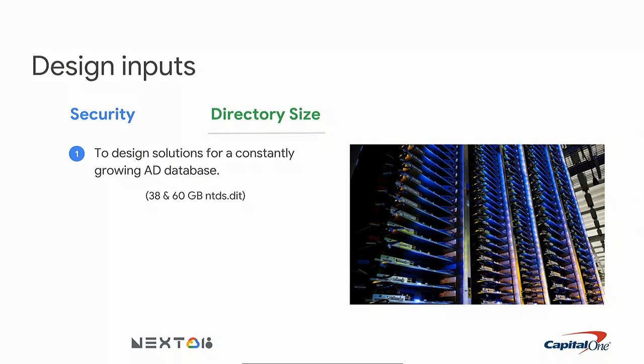Next area for us is directory size. Since going all in on the cloud, we've had exponential growth in our directories, running at a 38 and 60 gigabit NTDS DIT, with about 2.5 million objects in each directory, between 100 and 150,000 both users and group objects. Understanding directory size, there are many reasons for our growth.